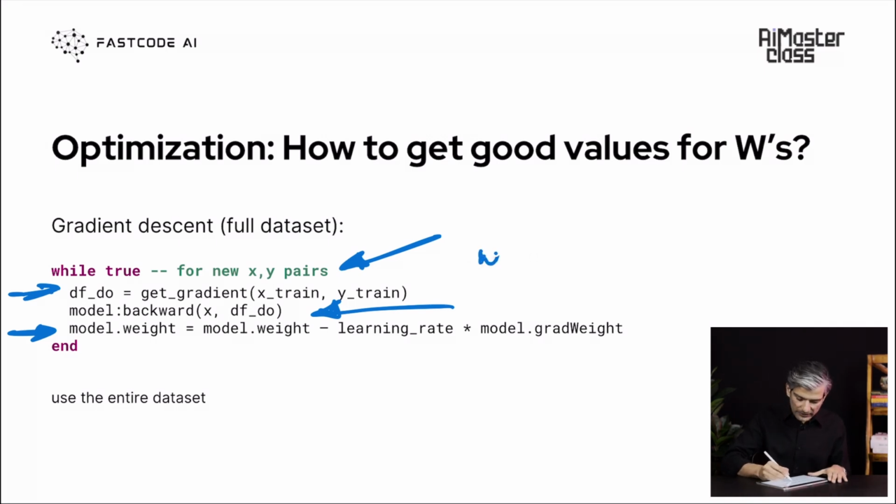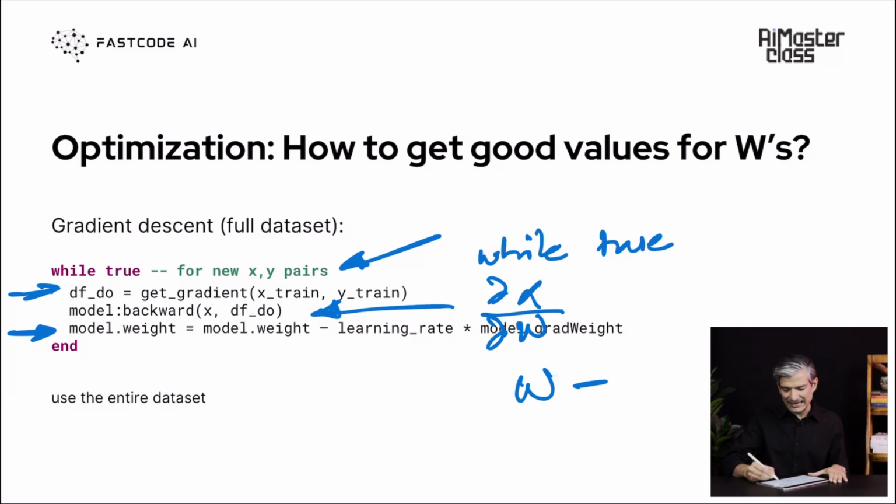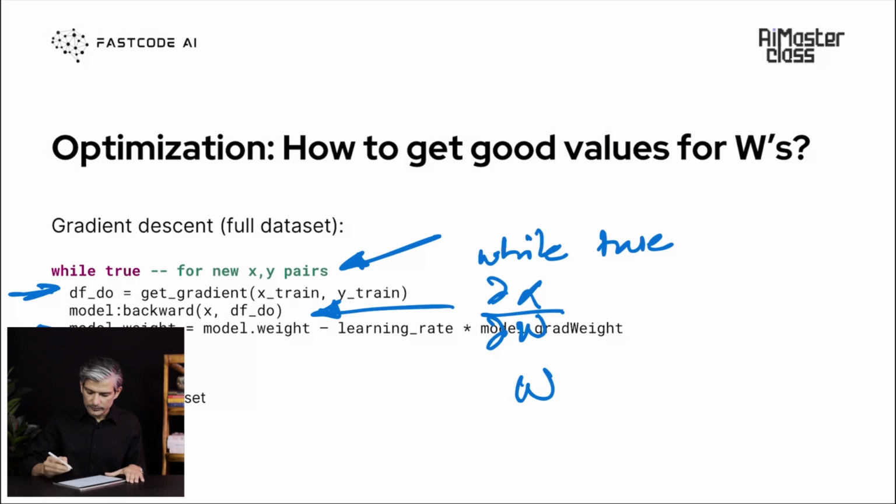Instead, we can write slightly modified code. While true, we find the loss at the current point, and then we find the derivative of the loss with respect to W, and we take a step in the direction of W minus lambda times the derivative of loss with respect to W, component wise.